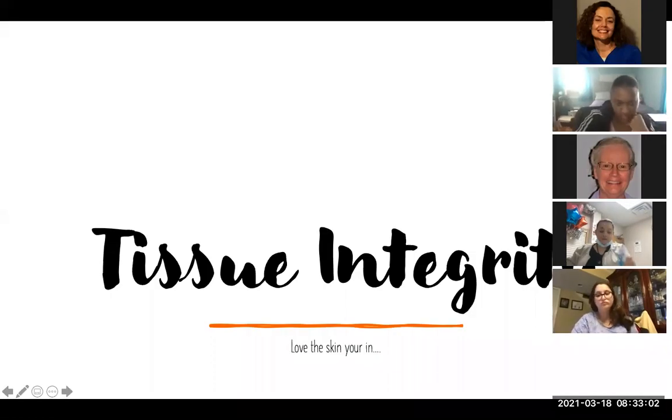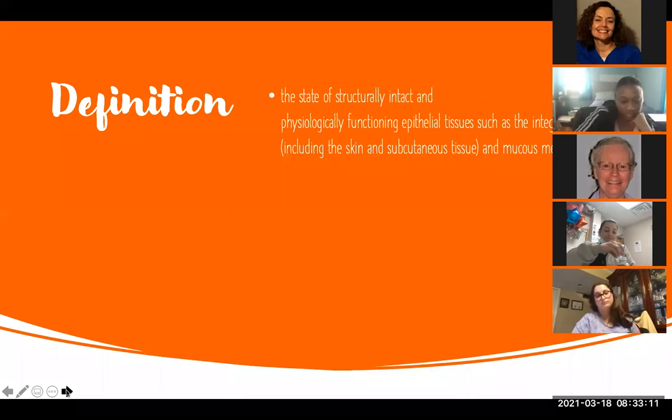Okay, so tissue integrity, like it says, love the skin you're in. So how do we define tissue integrity? It's the state of structurally intact and physiologically functioning epithelial tissue, such as the integument and mucous membranes.